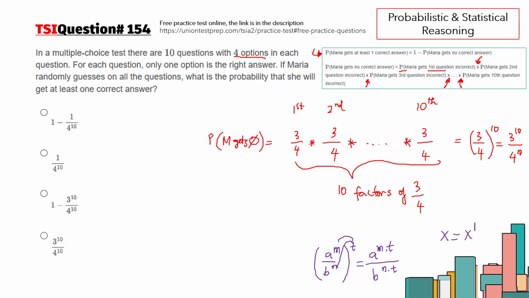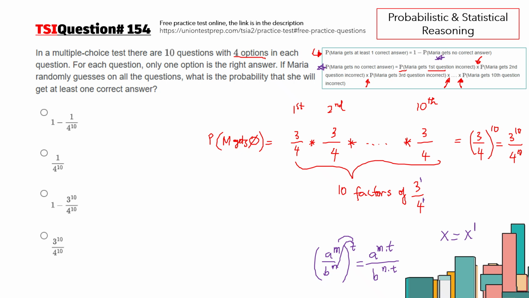So this is 3 to the power of 1 and 4 to the power of 1. So 1 times 10 is 10, and at the bottom, 10 times 1 is 10. Now we have this part right here. We plug it in, and then we find the answer.